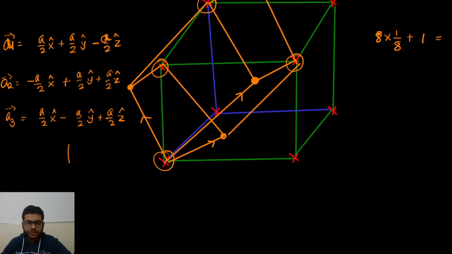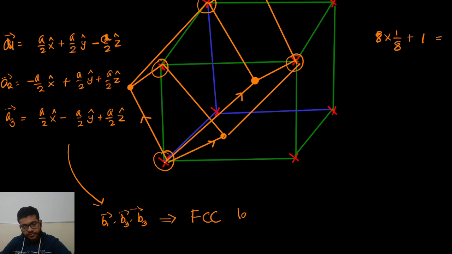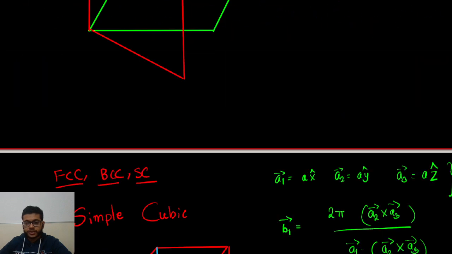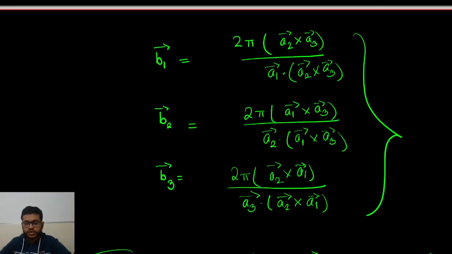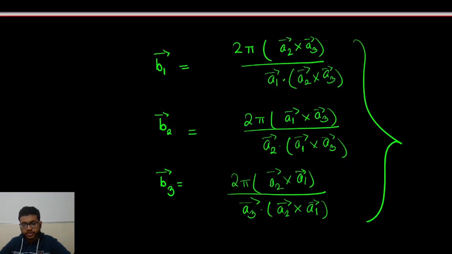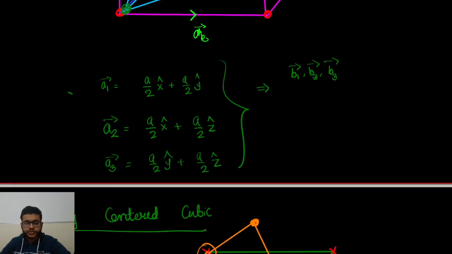And if we calculate B1, B2, B3 from this, you will see that they form an FCC lattice. This is homework: calculate B1, B2, B3 from A1, A2, A3, just like we proved earlier. We proved it earlier, right? These are the formulas for calculating the reciprocal lattice vectors from the original primitive lattice vectors.